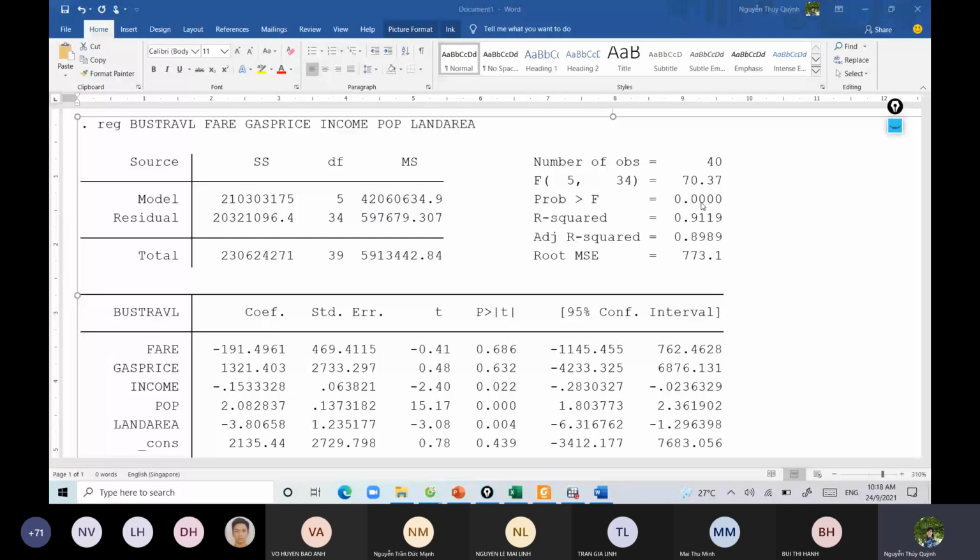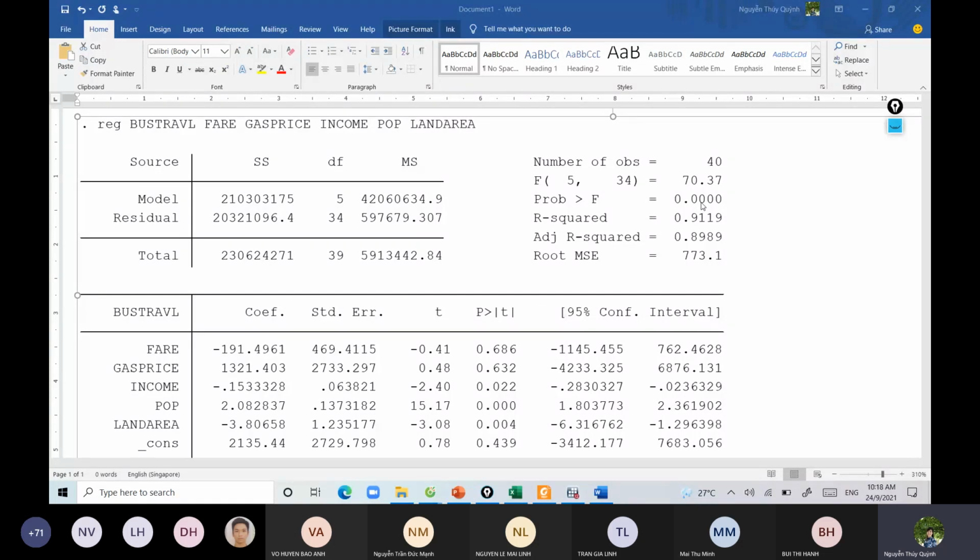It is 0.0000, which is very, very small. Of course, it is smaller than 0.05, and of course, we can reject the null hypothesis.